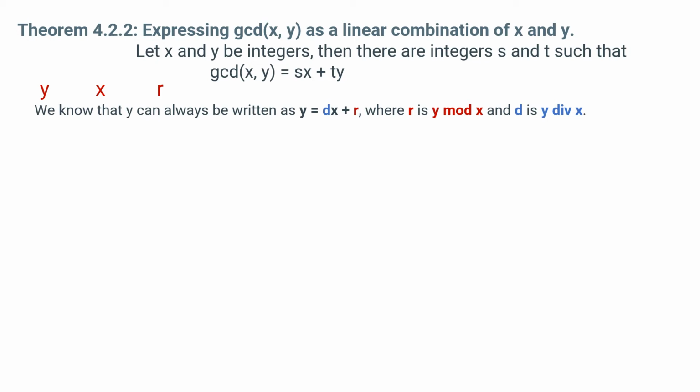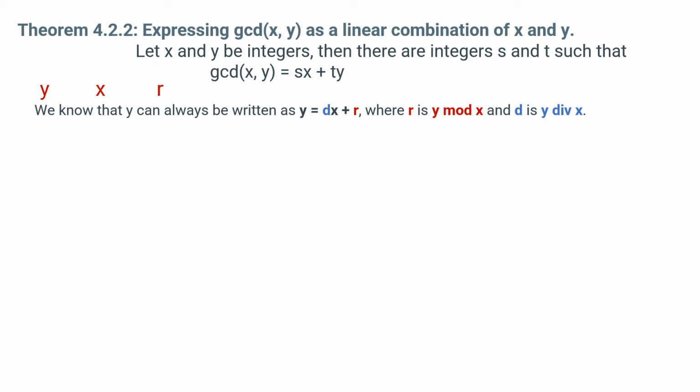It's a little confusing because they used d in that last example as the divisor, but now here we have x as a divisor. But just know that we can always write y as dx plus r, where r is the y mod x.